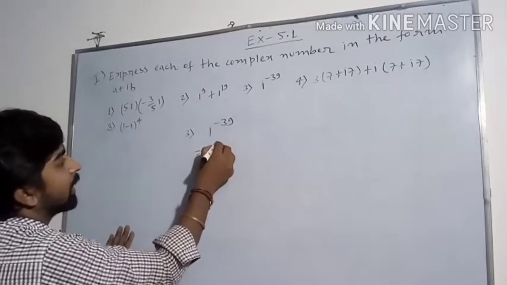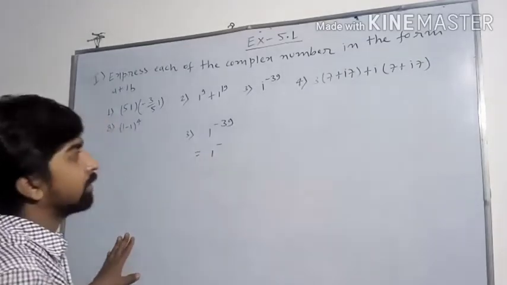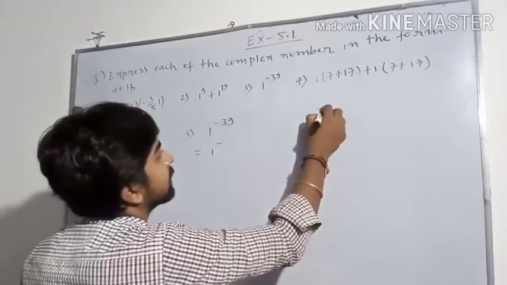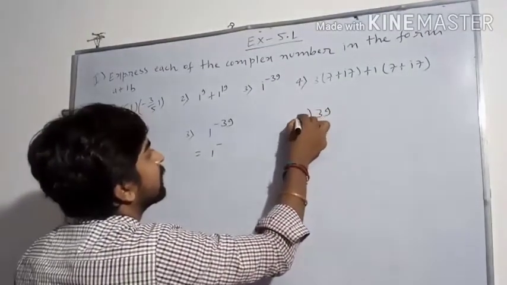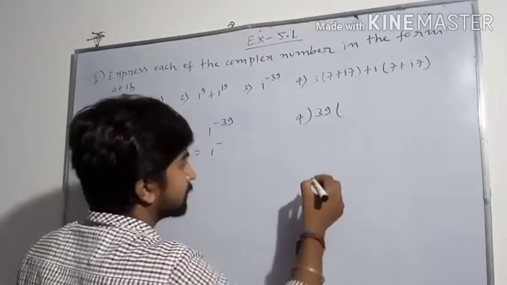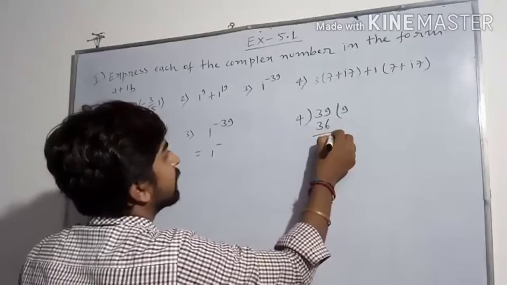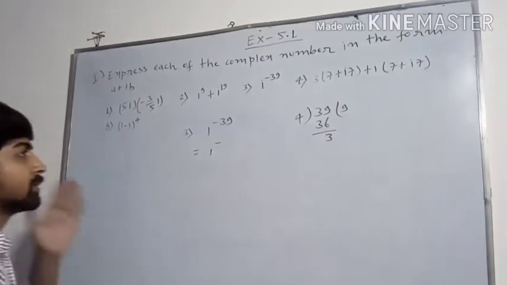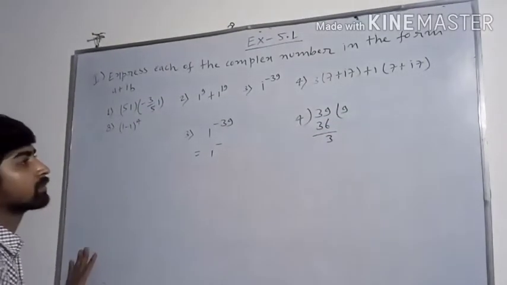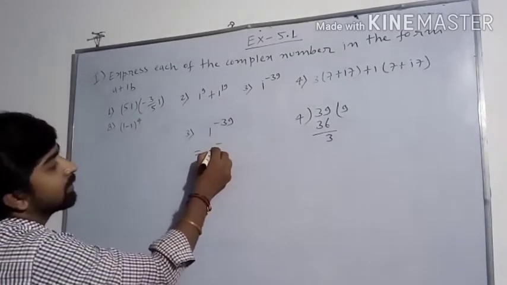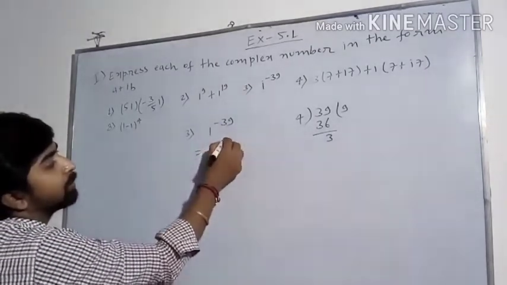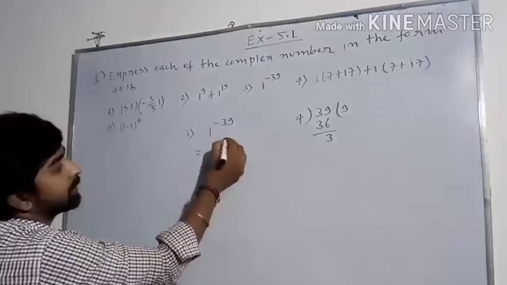First of all, we will divide 39 by 4 and then we will get the remainder. 4 9s are 36. We will get remainder as 3. So we will write it i to the power minus 3.